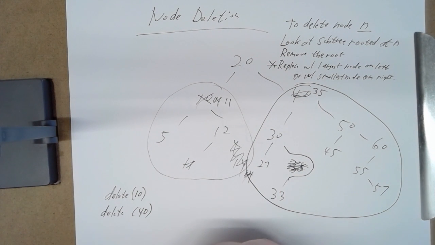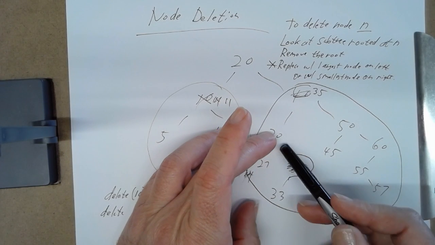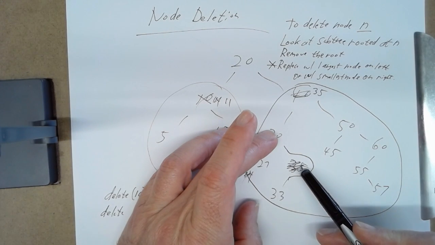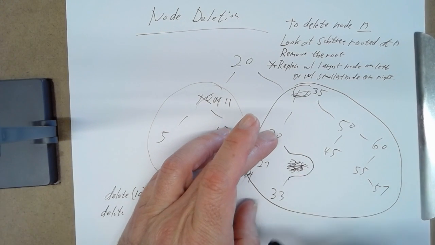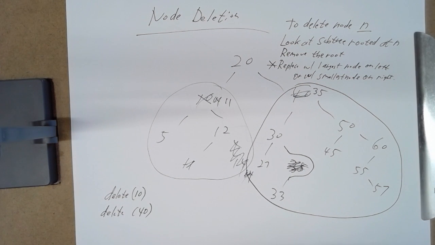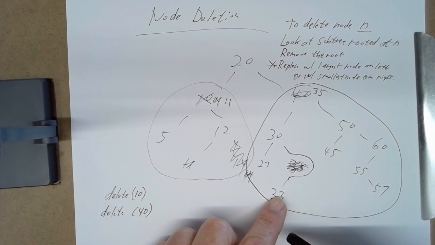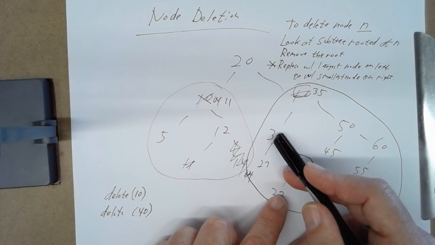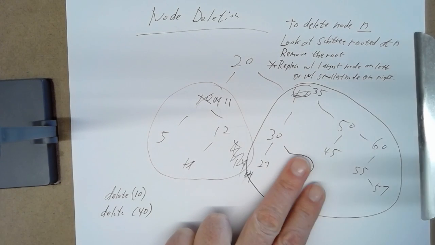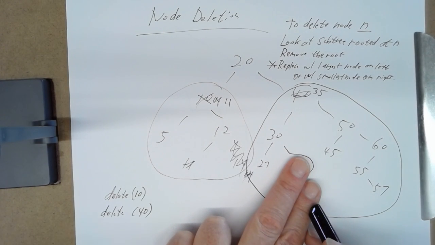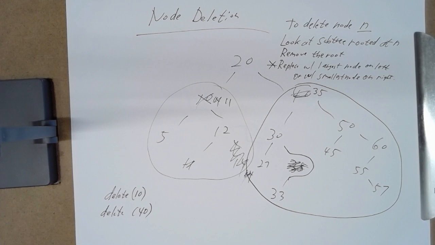It will only have, at most, a left child, which means that we can take the node that was pointing to 35 and basically replace the 35 with the 33, its left child. And it's a very general algorithm. If there's no left child, the left child still exists, it's just null. And when we replace 30's right child to be null, it's just like removing the 35. So the algorithm is completely general.